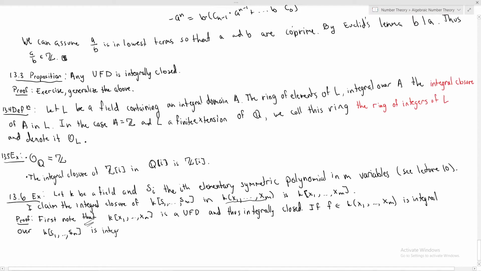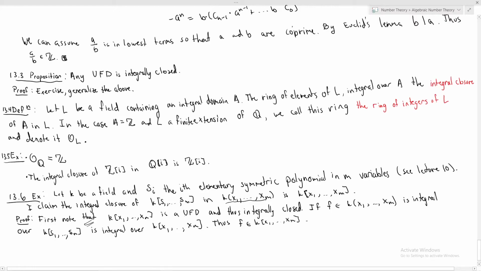So this is integral over K adjoin X1 through Xm. Thus, since this is a UFD and is integrally closed, f necessarily lives in this polynomial ring. So this essentially gives us one containment.